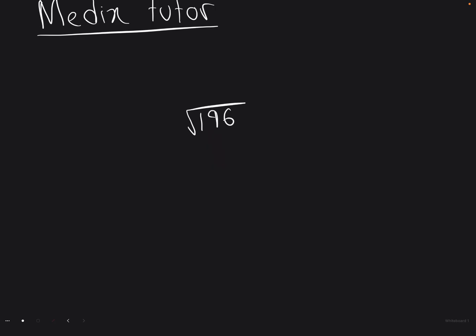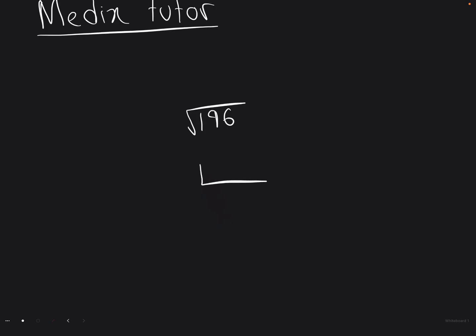You guys might be wondering, how would someone solve such a question? To solve this question, we would actually find the prime factors of this number, and we would start from the lowest number and we would go up.